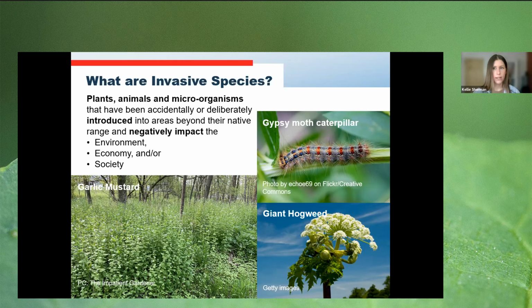And also, I'm not sure if anyone's familiar with an organization by the acronym IPBES, but the Intergovernmental Science Policy Platform on Biodiversity and Ecosystem Services has said that invasive species are one of the 5 direct drivers of biodiversity loss in the world. So very significant, and why I'm here today.